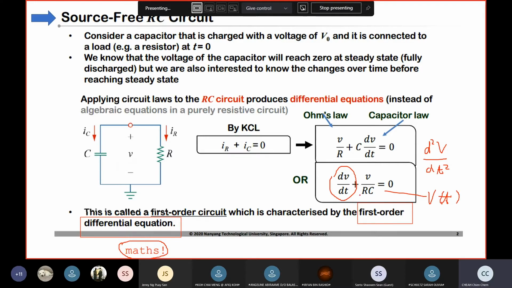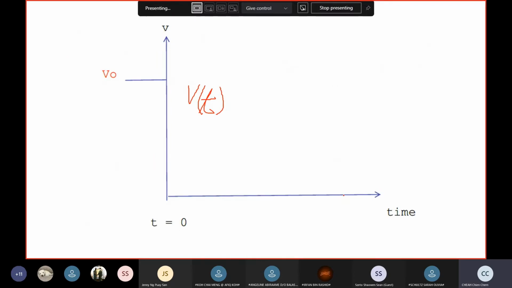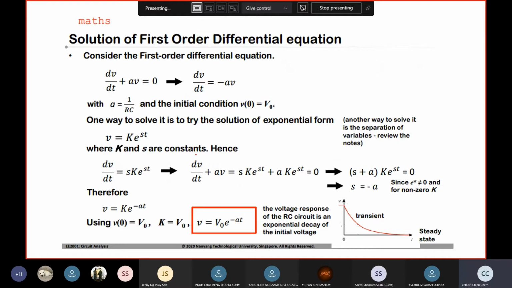But we know that finally it will be zero because you have a battery, you use it for a long time, right? At steady state, it will be zero. Now, how about those in between? Okay, and to do that, you need to solve this differential equation. Another way to look at this differential equation is that dV/dt is equal to negative aV.